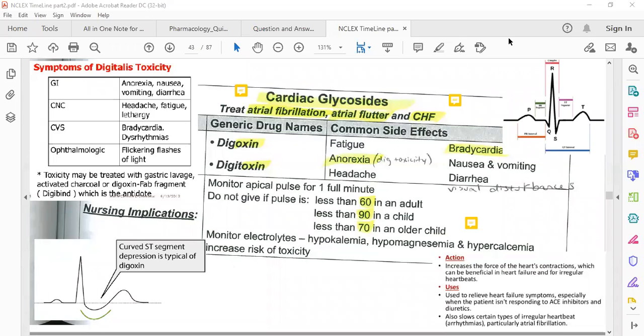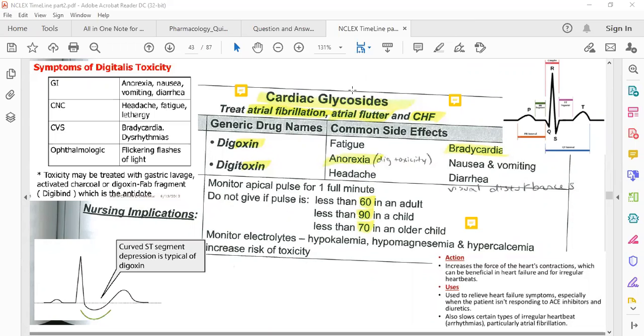So here, let me talk about the cardiac glycoside. This is cardiac medication. Particularly here, I am explaining digoxin.